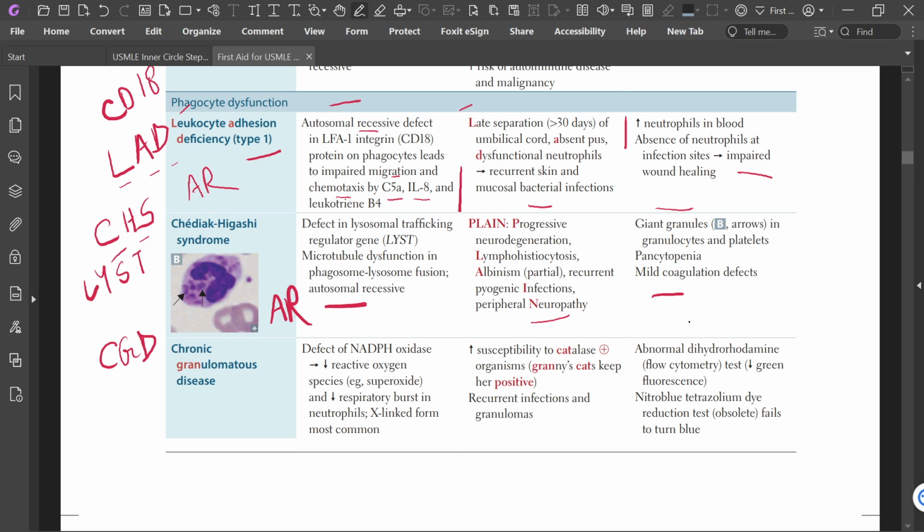It is diagnosed by the peripheral blood film, where there are giant cytoplasmic granules in the neutrophils, and genetic testing can be performed to confirm the diagnosis. Genetic testing can also identify the CHS1/LYST mutation.